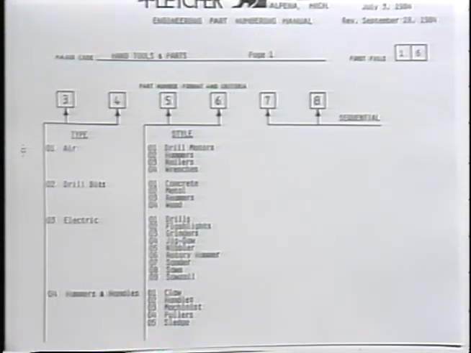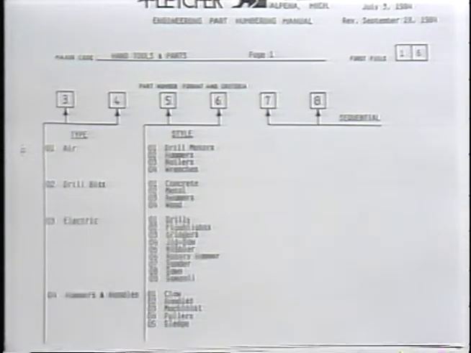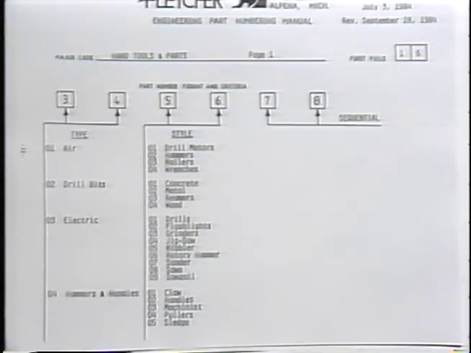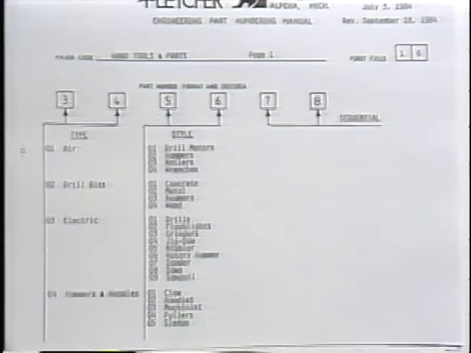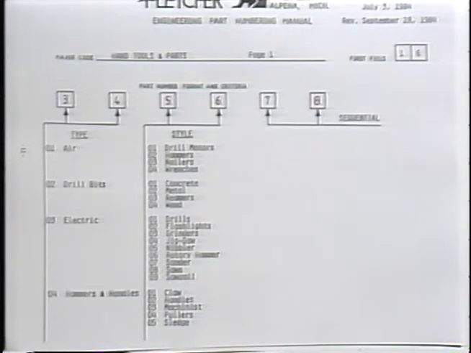And for air tools, we have drill motors, hammers, nailers, and wrenches. And they start out very easily, 01, 02, 03, and 04. If I go to drill bits, which is 02 in the second field, you notice we have concrete, metal, we have reamers, and then we have wood. Again, they start off with 01, 02, 03, and 04.